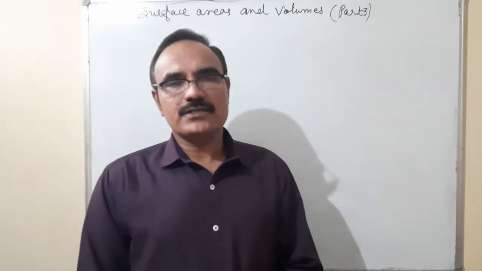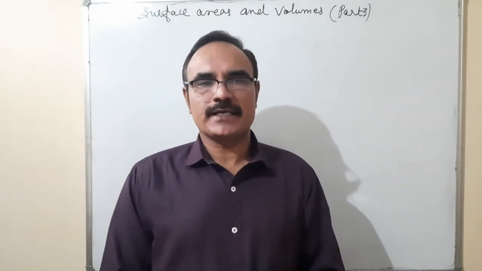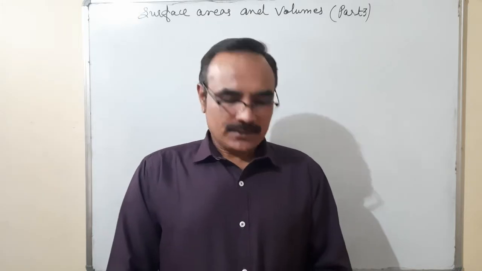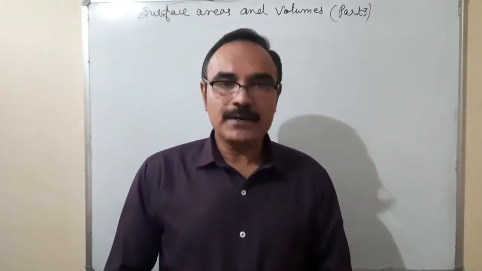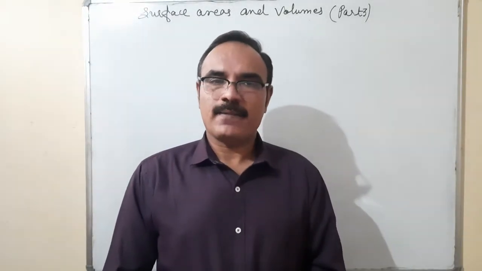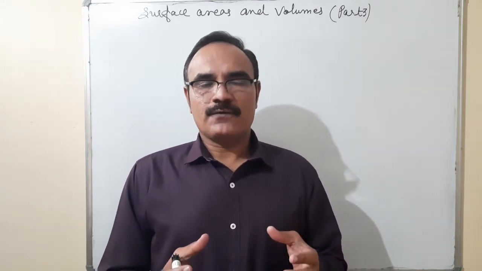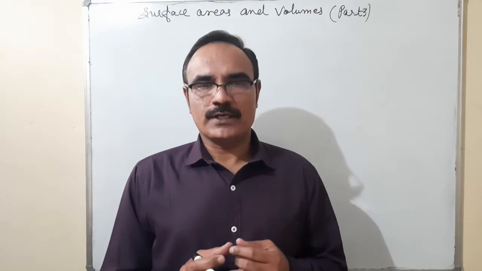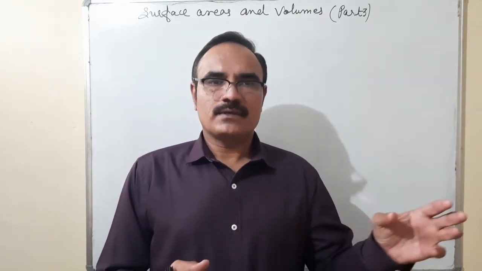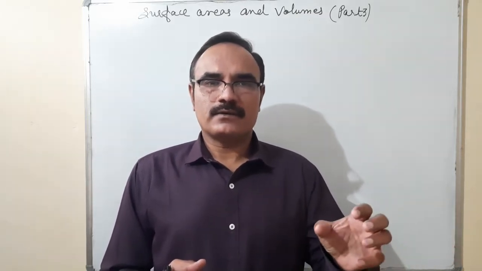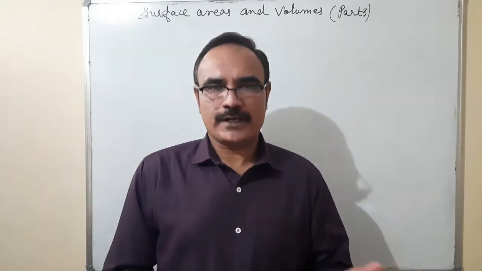Hello. In continuation with surface areas and volume class 10th part 3, we are taking today exercise 13.2 questions. In this exercise, we'll discuss the volumes of combinations of solids, or the volumes of cube, cuboid, cylinder, cone, whatever it is.